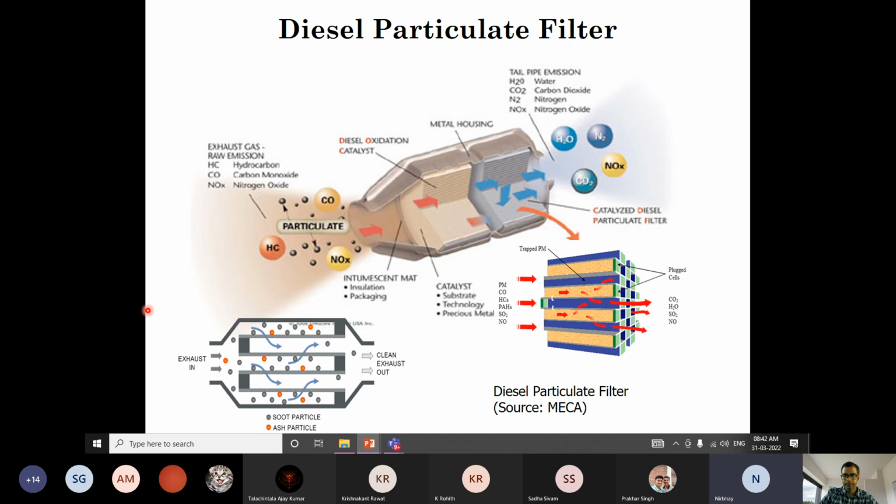The DOC does not treat NOx. So do we rely on EGR for NOx treatment? If you're talking about passenger cars till now, yes, we depend upon EGR to control the NOx. But if it is not possible to take care of the NOx through EGR, then you have to use some other aftertreatment devices, which we are going to study next.